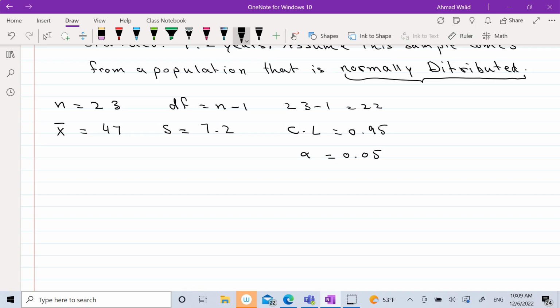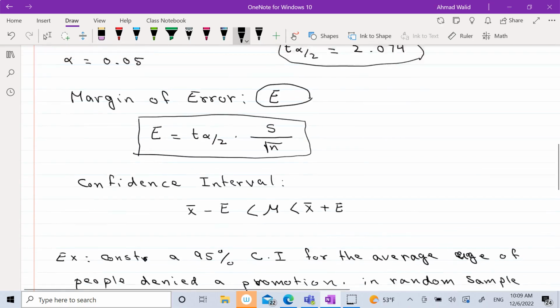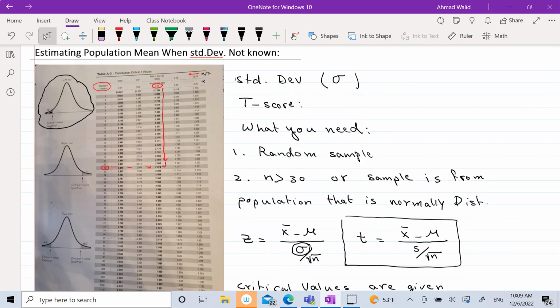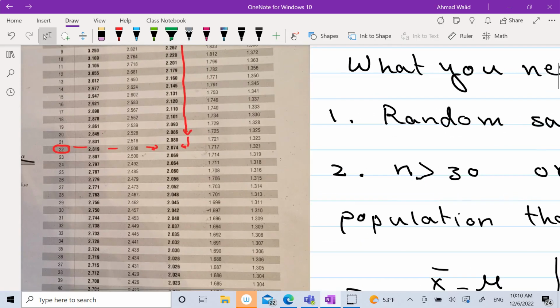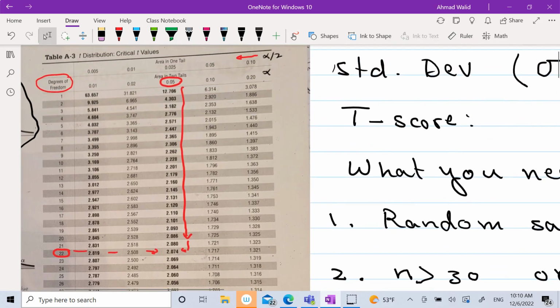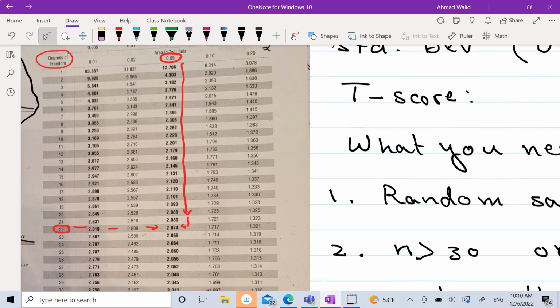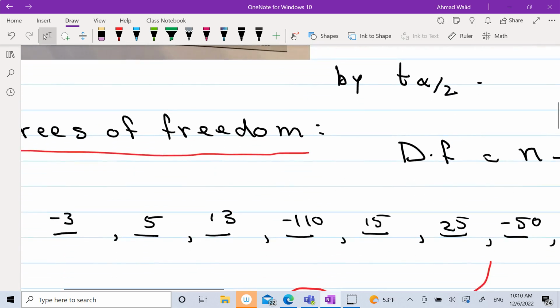Correct? Now, the first step is to find t alpha over 2, which is your table. Basically, in this example, I used the same value that we used before, and we know our t alpha over 2. If you look here, degrees of freedom is 22, and your alpha is 0.05, correct? Then it's 2.074.